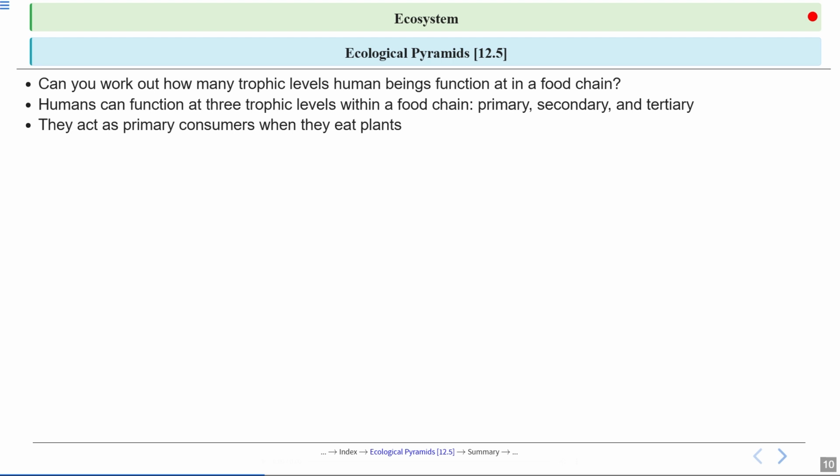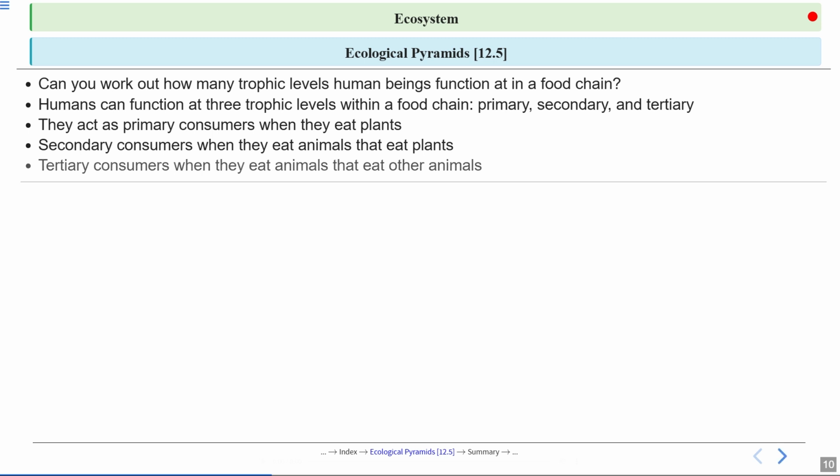So humans act as primary consumers when they eat plants. Then humans can act as secondary consumers when they eat animals that eat plants, means if they are eating herbivores, such as chickens, or if they are eating beef. Okay.